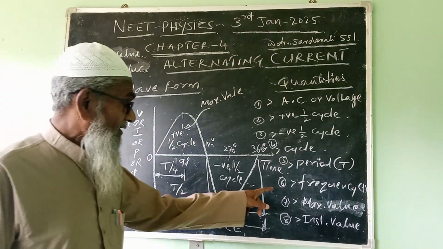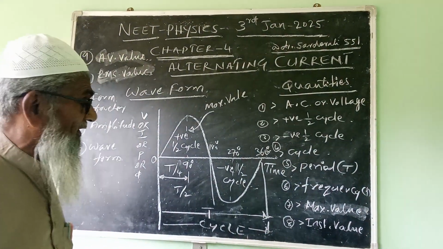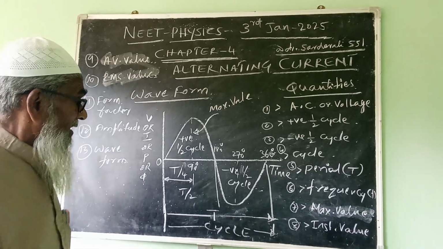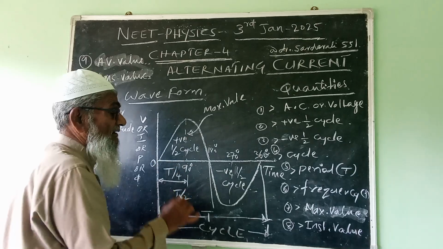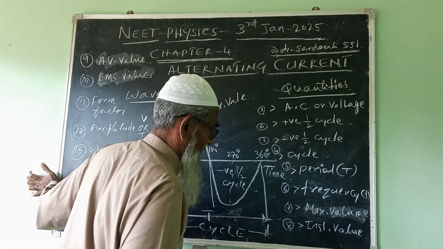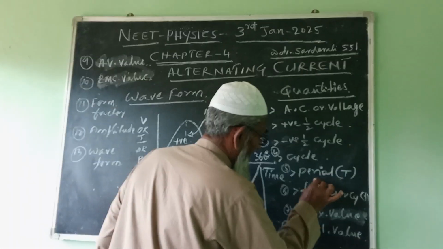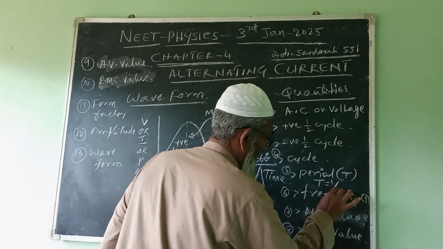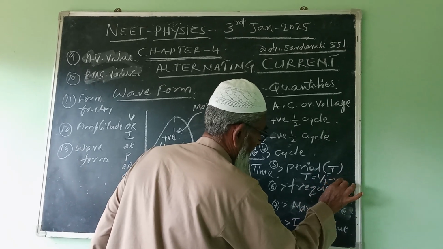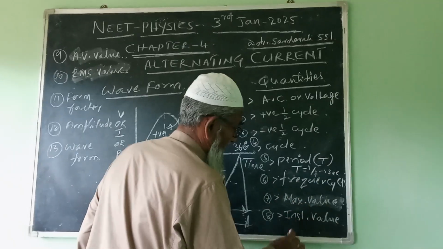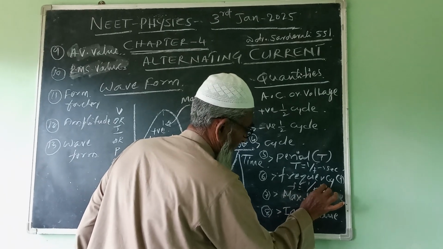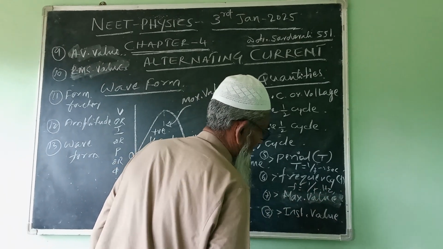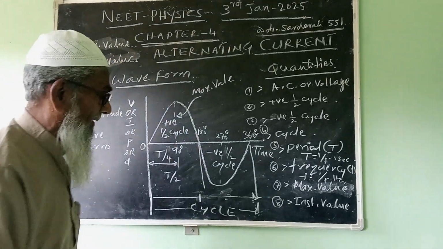Now coming to frequency, the number of cycles completed in 1 second will be called frequency. So T is 1 by F, which is measured in seconds, whereas F is 1 by T, which is measured in hertz, or cycles per second or revolutions per second.